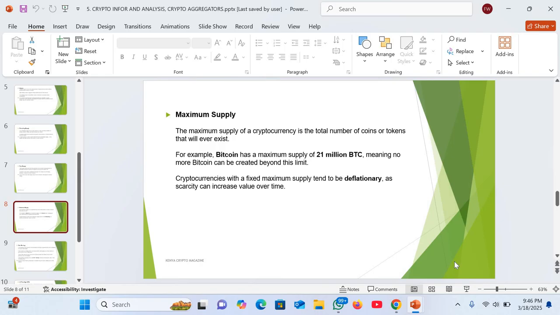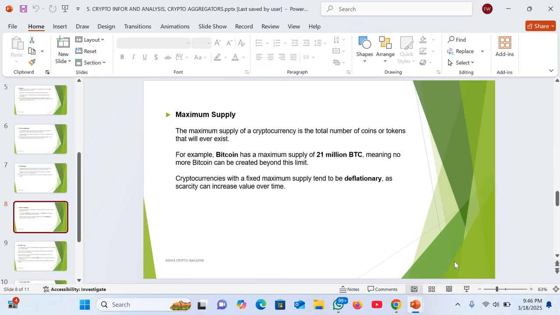I'm not going to delve much deeper into that, but I just want you to understand that when it comes to Bitcoin, we have a maximum of 21 million Bitcoins, and we can't go beyond that. So cryptocurrencies with a fixed maximum supply tend to be deflationary, as scarcity can increase value over time.